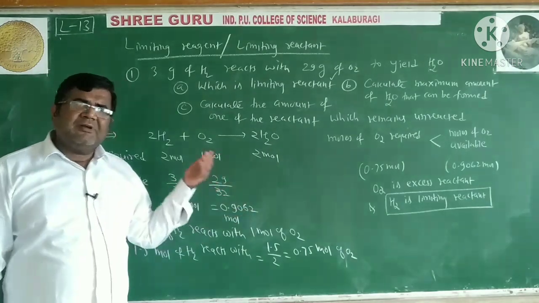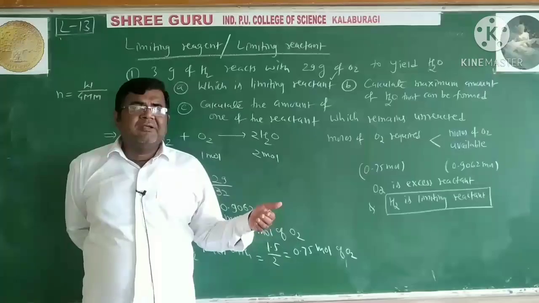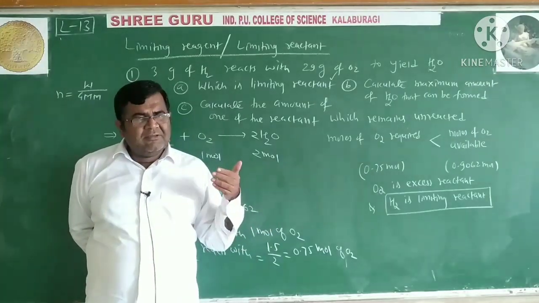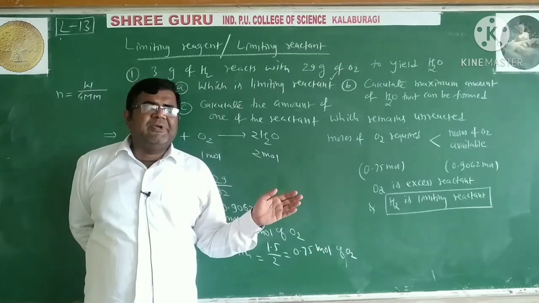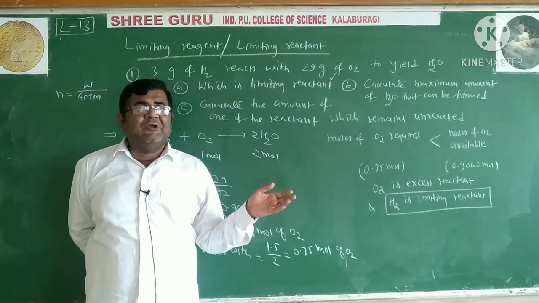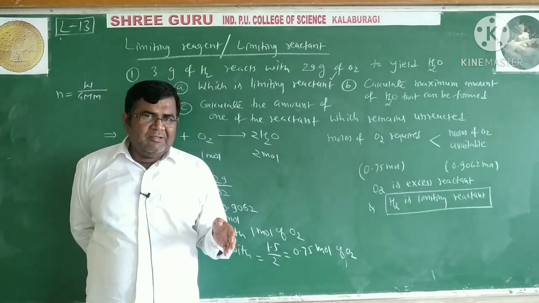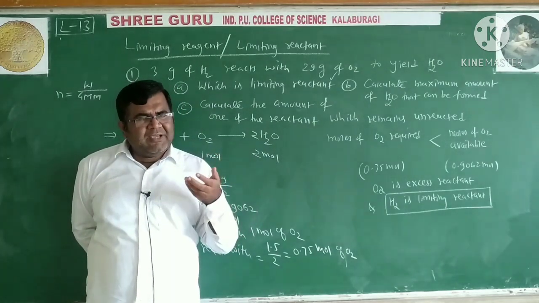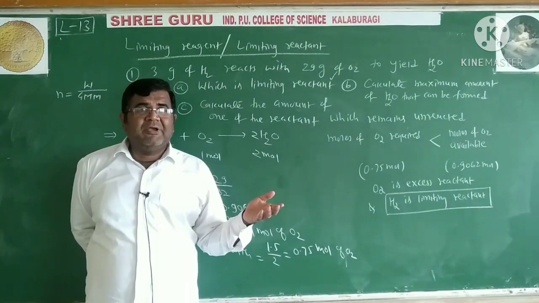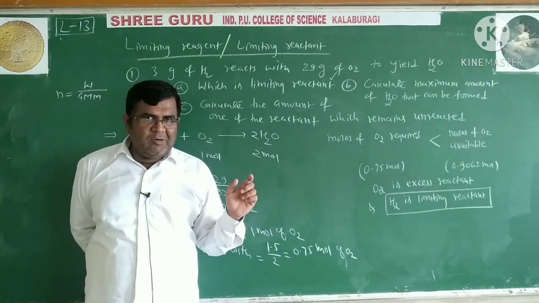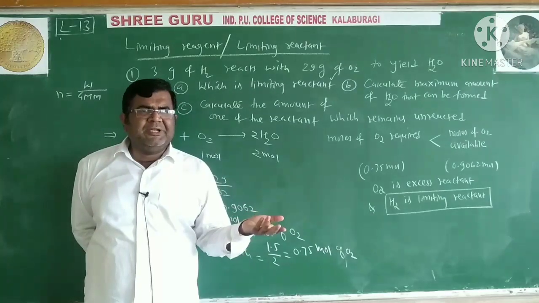For example, a cricket match is going on. 11 players can go for batting, but all 50 overs are completed and only 5 wickets have gone. So some batsmen will be excess. They do not bat. We call it DNB, did not bat. So they are not contributing.